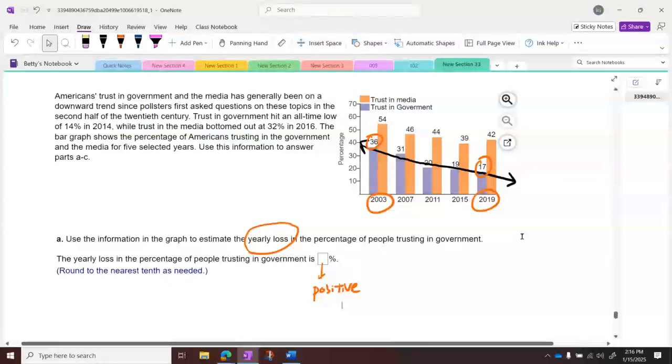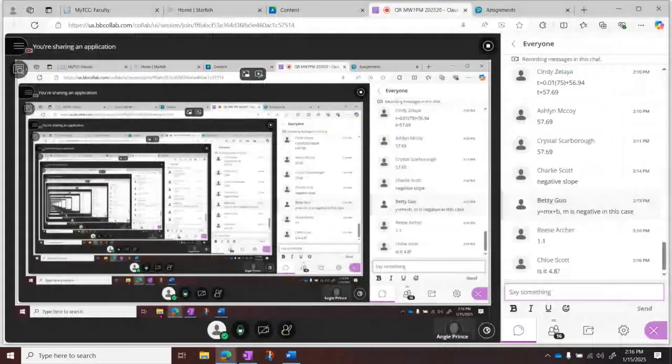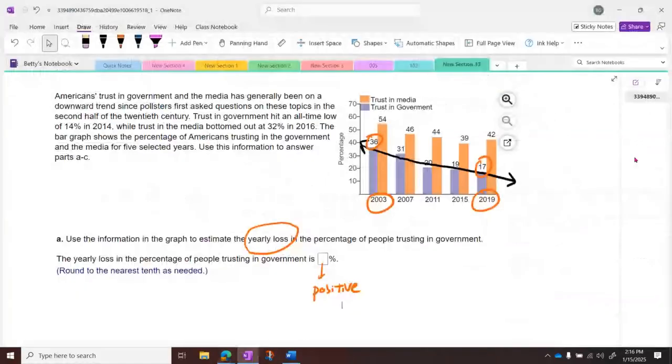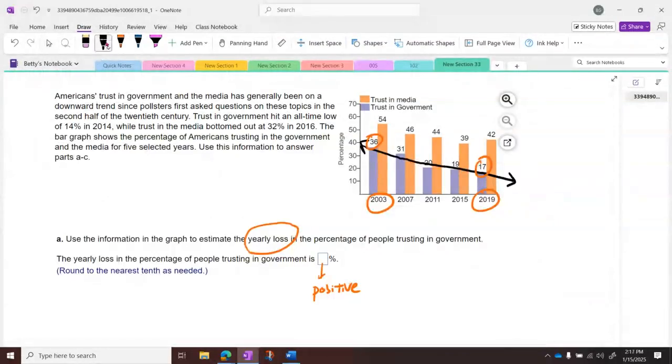Let's see, what's your answer? 36 minus 17, that's 19. 19 over 16 years. It says round to the nearest tenth. Okay, let's do that together. So let's see how much trust in government we have lost over the 16 years.